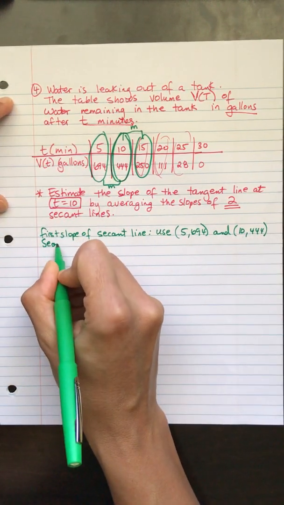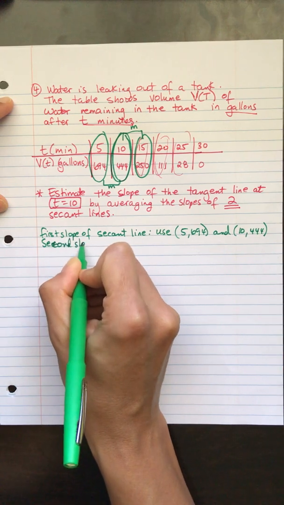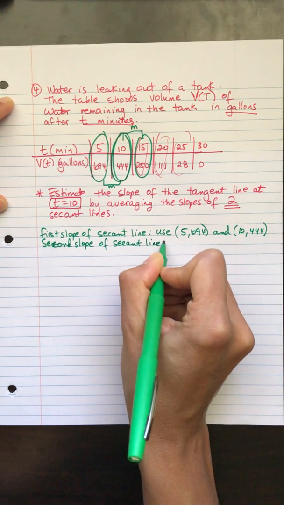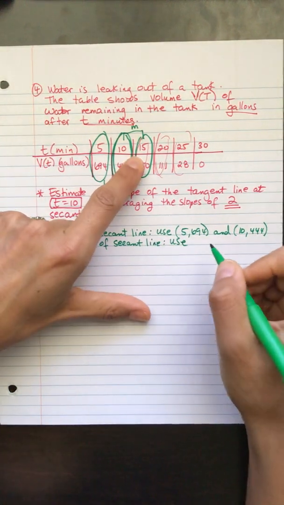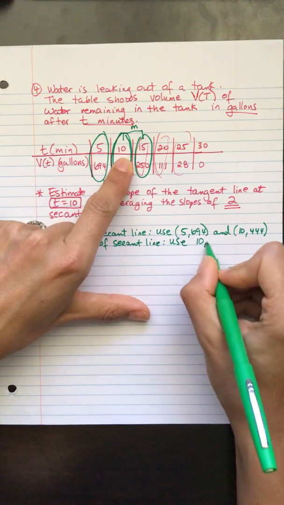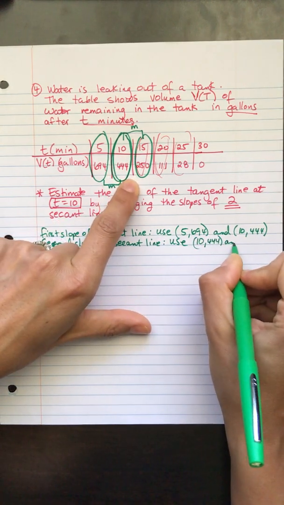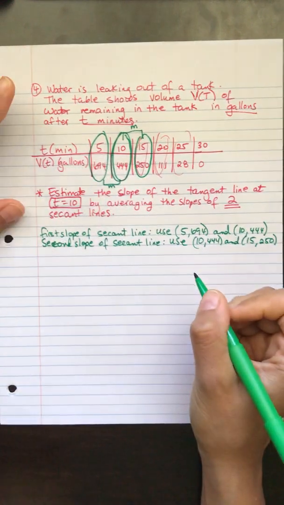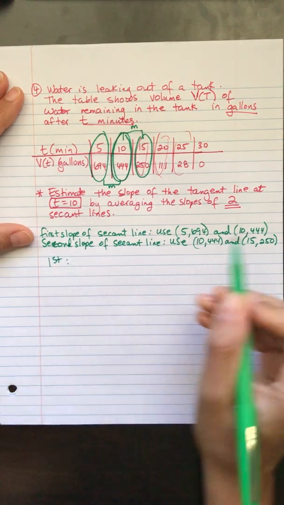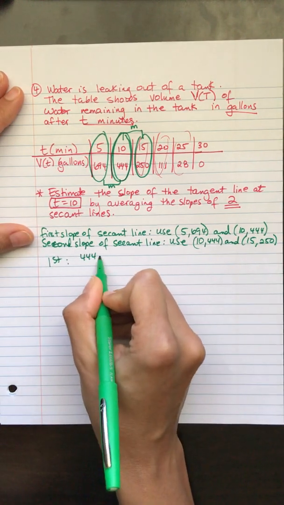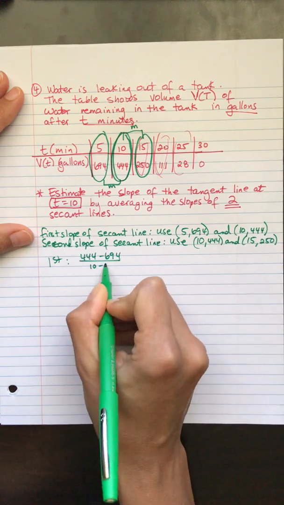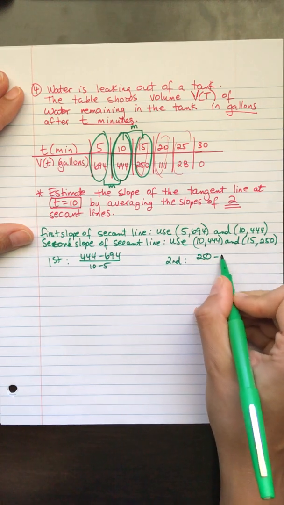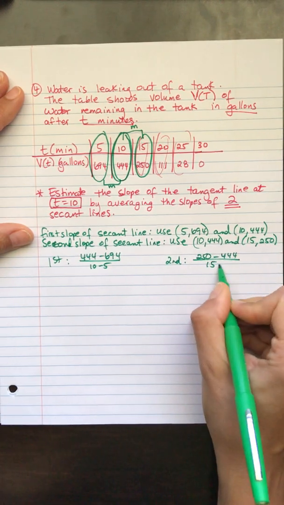And for the second slope, I'm going to use the points 10,444 and 15,250. So here I go for the first one. It's going to be 444 minus 694 over 10 minus 5. And the second one is going to be 250 minus 444 over 15 minus 10.